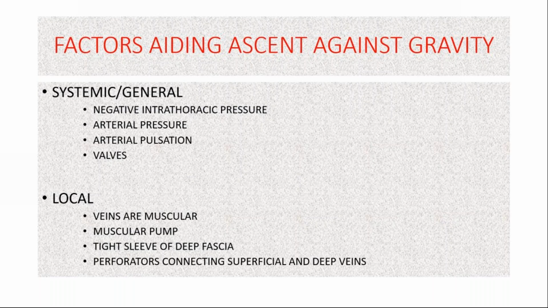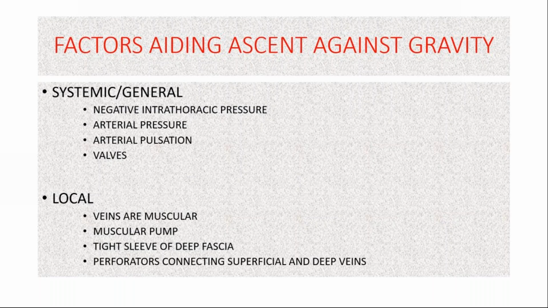And then the most important of the systemic or general factors are the valves. There are valves in the venous system of the lower limb, and these valves permit only one-way blood flow.